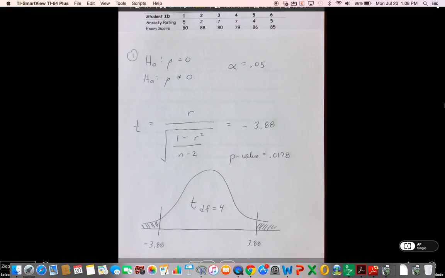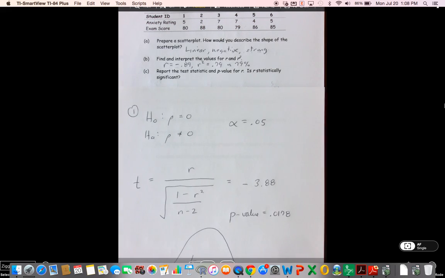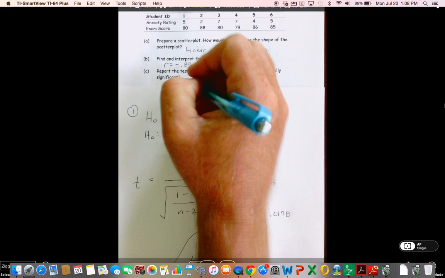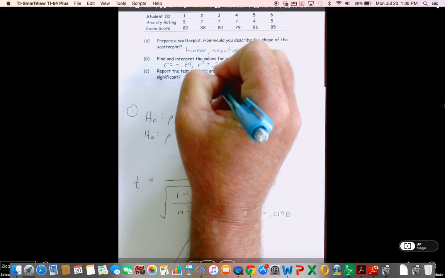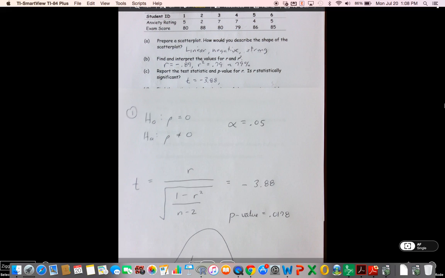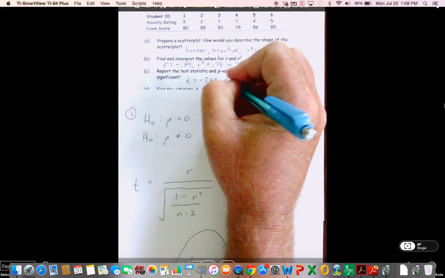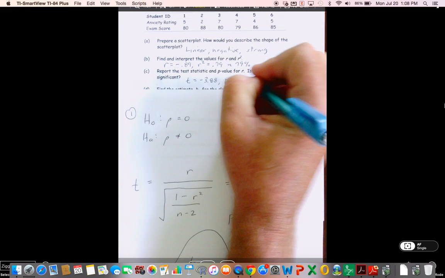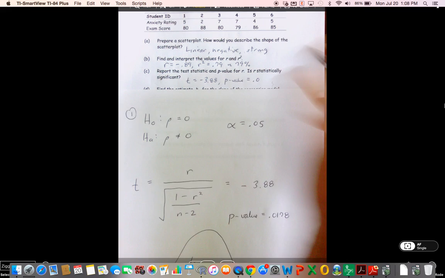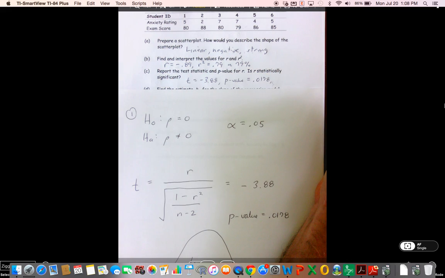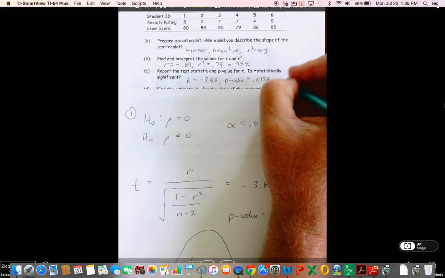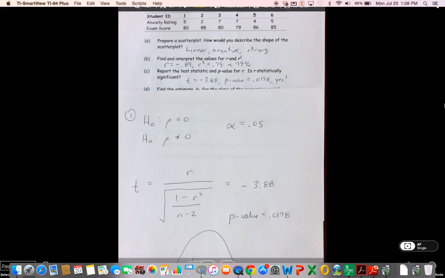So the purpose of this problem is to report the test statistic, report the p-value, and answer the question, is r statistically significant? Yes.